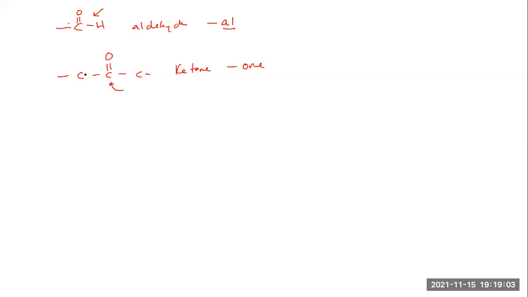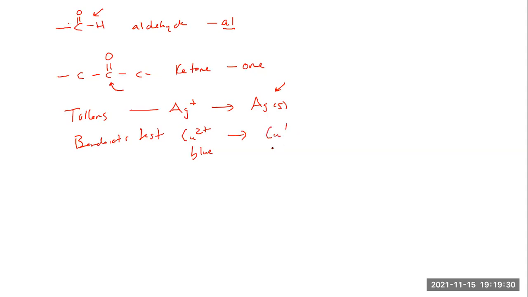So at the end there, we were talking about 2 types of tests, which is our Tollens test and our Benedict's test. One really uses silver that goes to solid silver, which is why it's sometimes referred to as the mirror test. And one uses copper 2, which is blue, and goes to copper 1, which is, depending on your preparation, an orange, reddish type color.